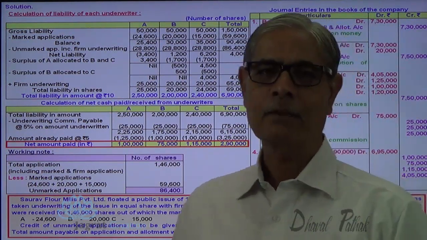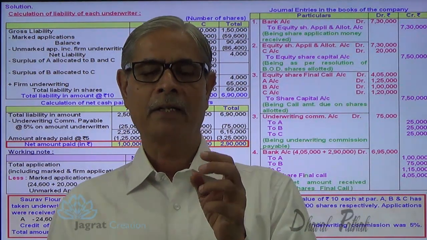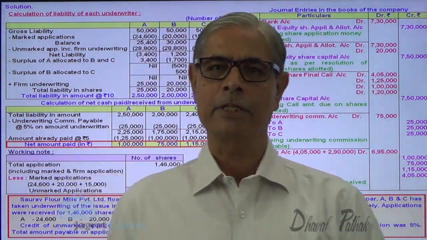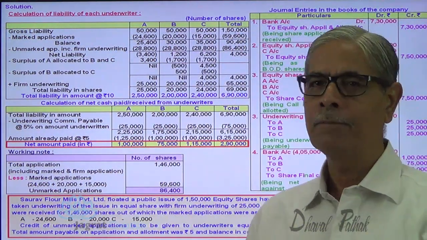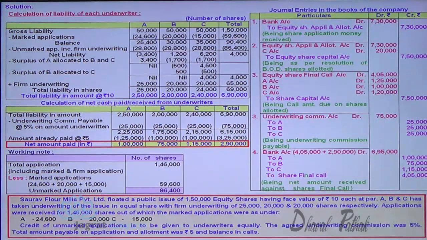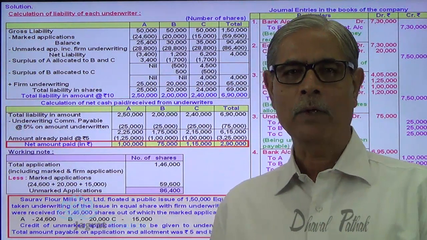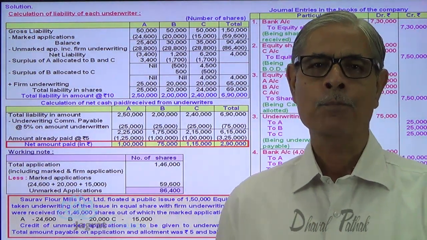This is how the journal entries are recorded in the books of the company, wherein at the time of final call demand, the adjustment for underwriting commission is made and the net amount is recovered from the underwriters. This is how the whole sum is solved here before you. I have recorded the journal entry wherein I have recorded the entry for cash transactions also.